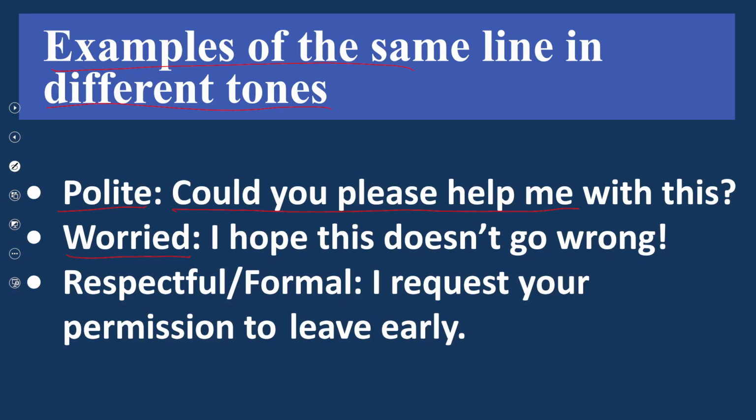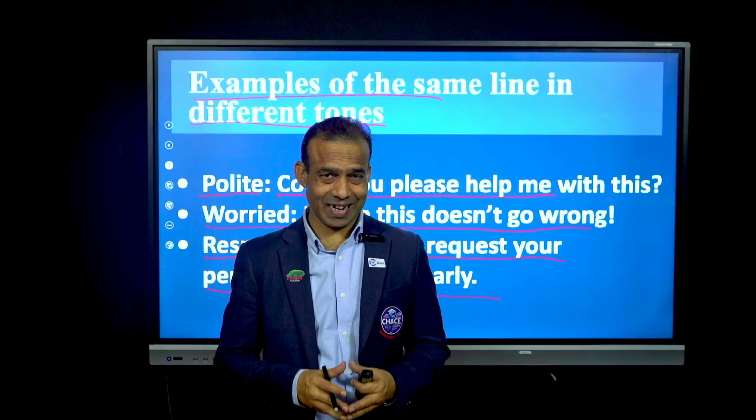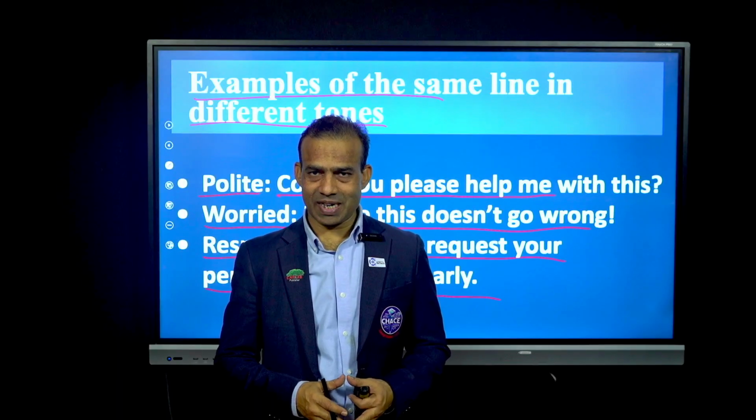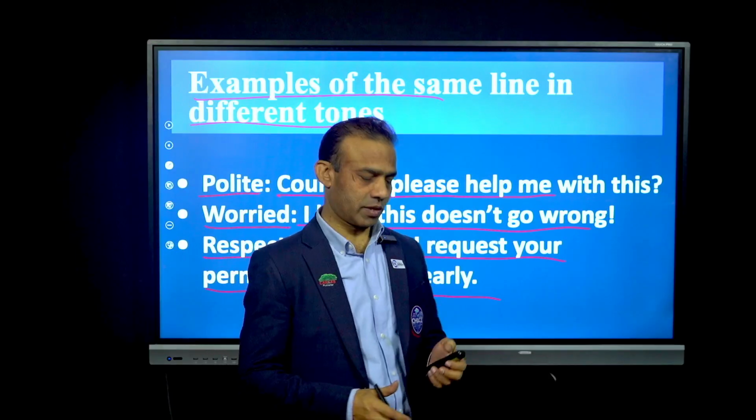Worried tone: I hope this doesn't go wrong. Respectful or formal tone: I request your permission to leave early. So, dear students, now you have got your concept clear how tone plays an important role in dialogue writing. Next point.